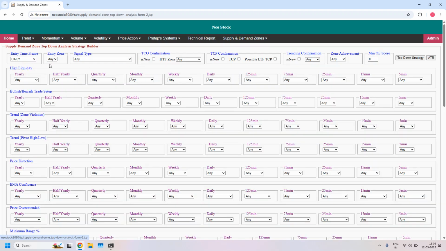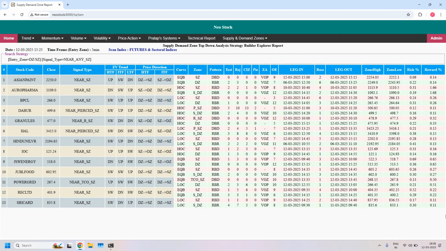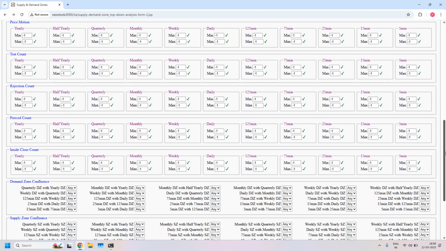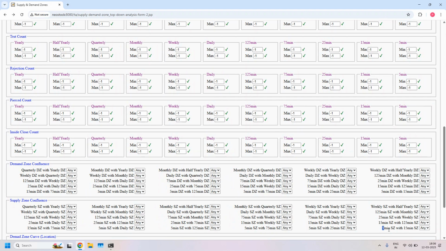Okay, next 5 minutes time frame, stocks near 5 minutes supply zone. We got 13 stocks. Out of these 13 5 minutes supply zones, how many are having ITF supply zone confluence? Let us verify. That is 5 minute supply zone with 15 minute supply zone confluence.